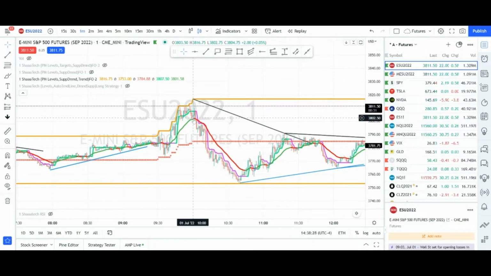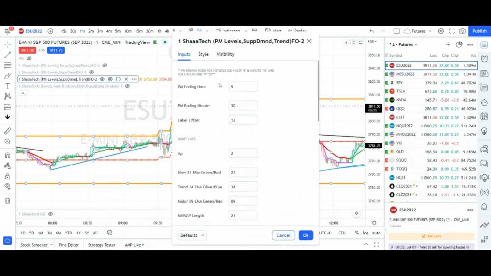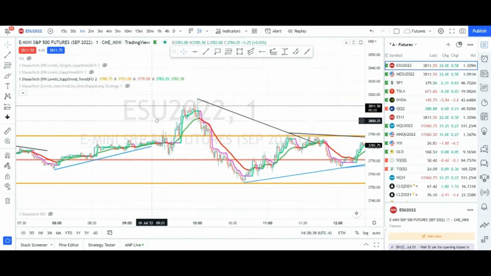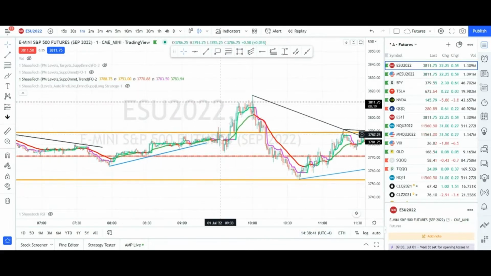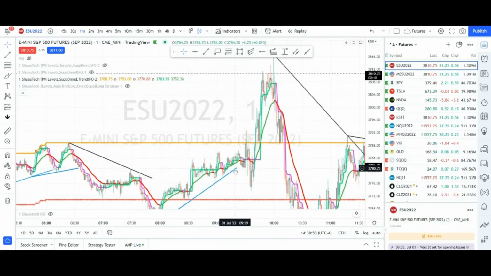What is the time showing at the bottom? 10 o'clock. 10 o'clock is not pre-market. So in that case, I need to put 8:30 here, and then it will create the pre-market high. You can see the highest candle before 9:29 to 9:30 was not this one. This is the 9:30 to 9:31 candle.